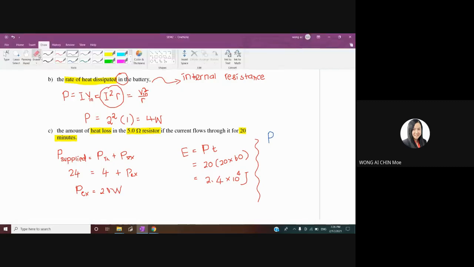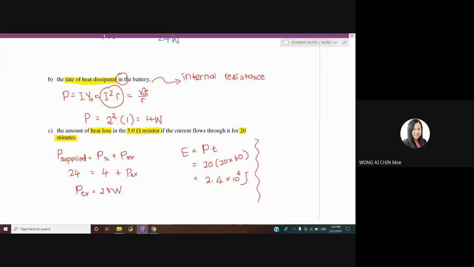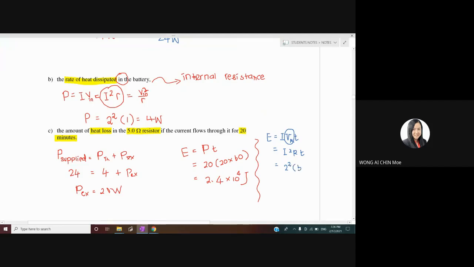If you refer back to your notes, the energy loss we can write as IVT, where V is the voltage across the 5 ohm resistor, or I squared R T. But we don't have V external, so we use I squared R. Your I is 2, squared, and your R is 5 ohm, and the time taken is 20 minutes, 20 times 60, which gives 1200 seconds.